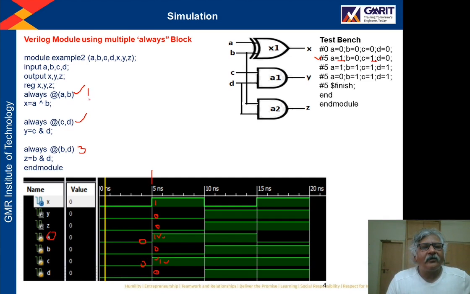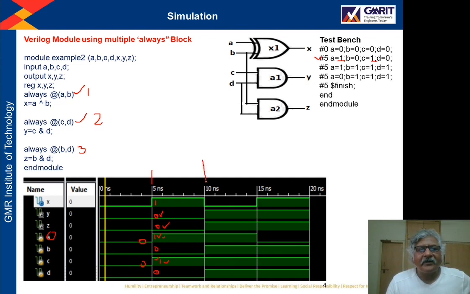Due to the first always block, A XOR B will give you 1, so X will become 1. And C and D: C is 1, but D is 0, so the AND operation will give you result 0. So Y is 0 and Z is already 0. There is no change in the value of Z.